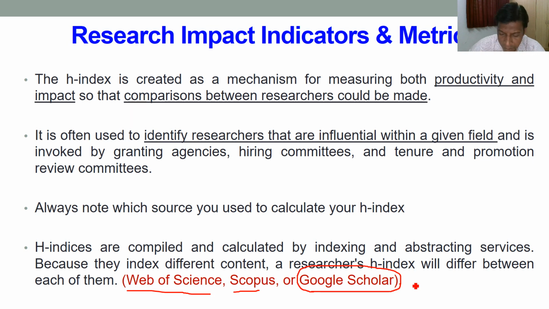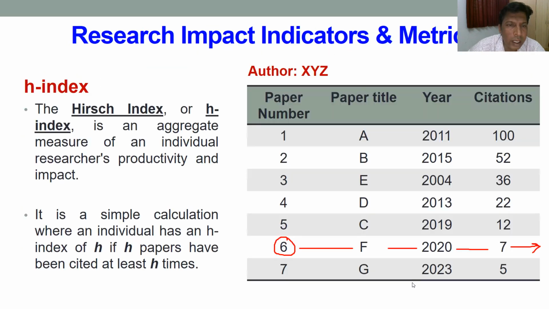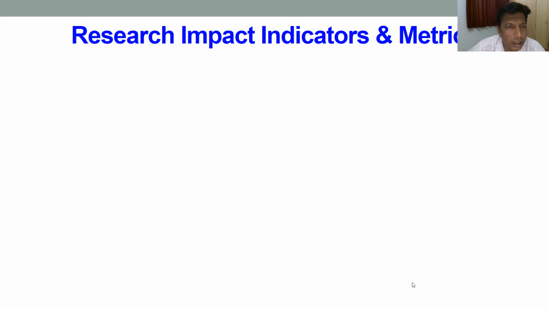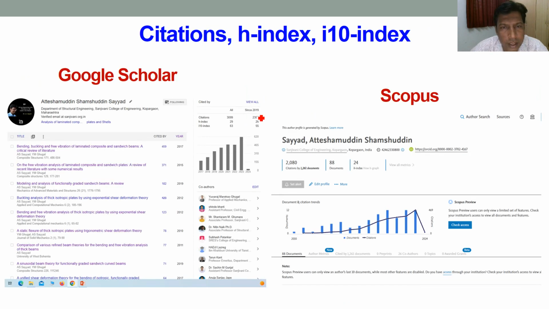That's why if you compare the profile of Google Scholar and Scopus, you will find differences. For example, this is my profile. As per Google Scholar, the number of citations is 3099, H index is 29, and i10 index is 63. It means I have published 29 papers which have citations more than 29, and 63 papers which have more than 10 citations.